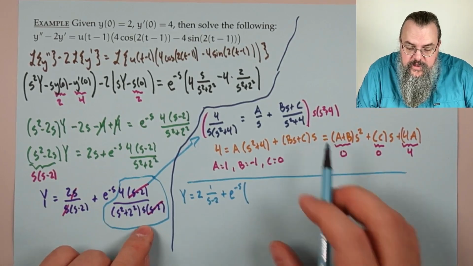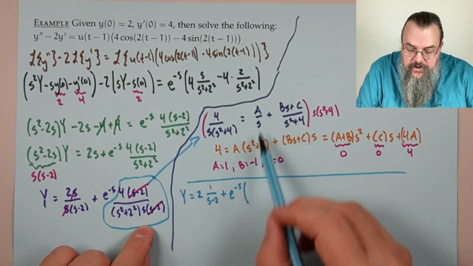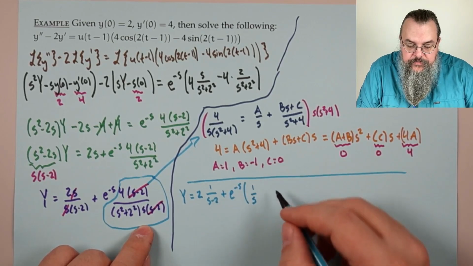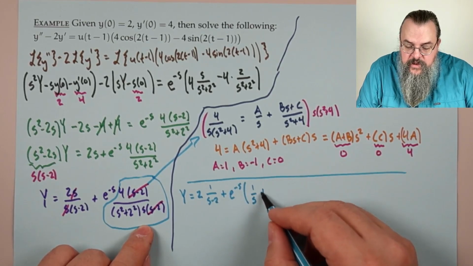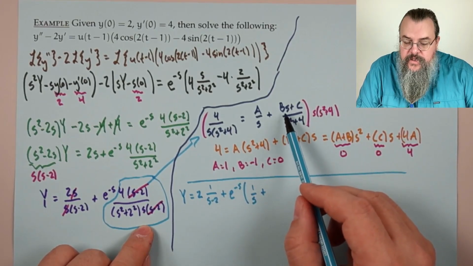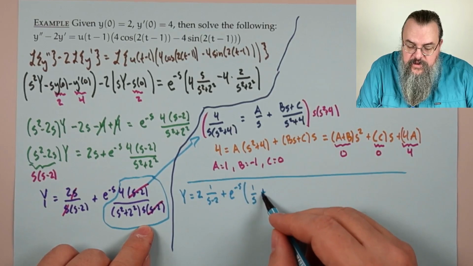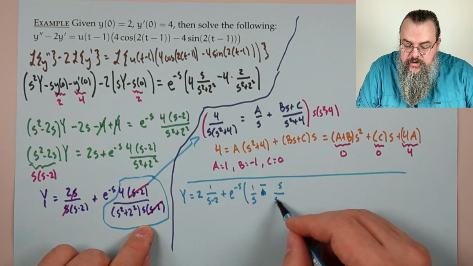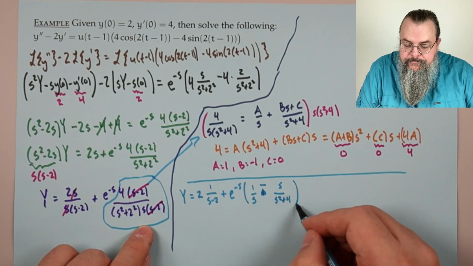So that's going to become A over s, well, A is 1, so 1 over s plus Bs plus C. B is minus 1, C is 0. So actually, instead of plus, we'll put a minus, and then s over s squared plus 4.